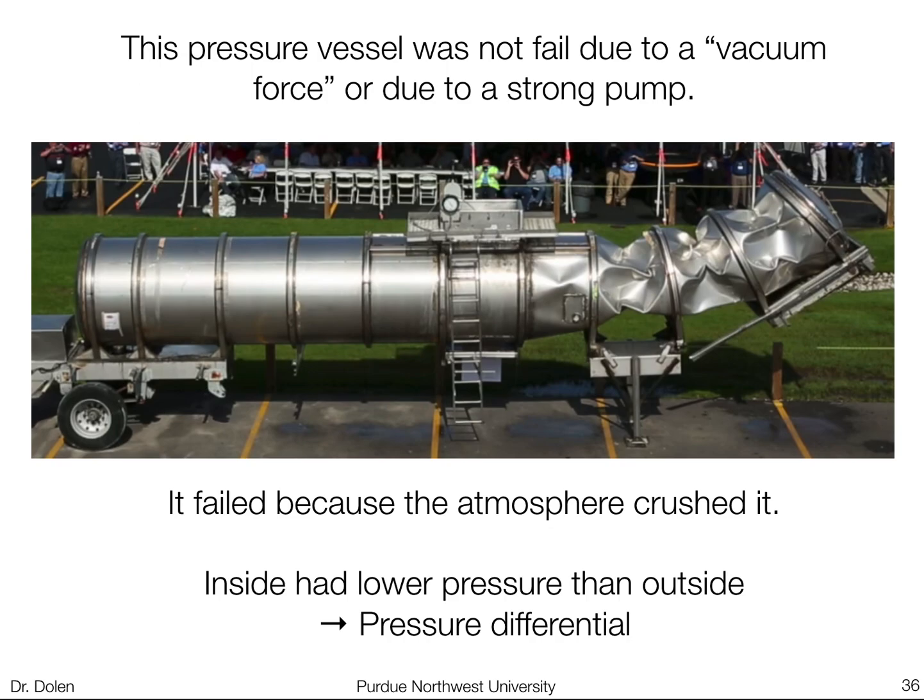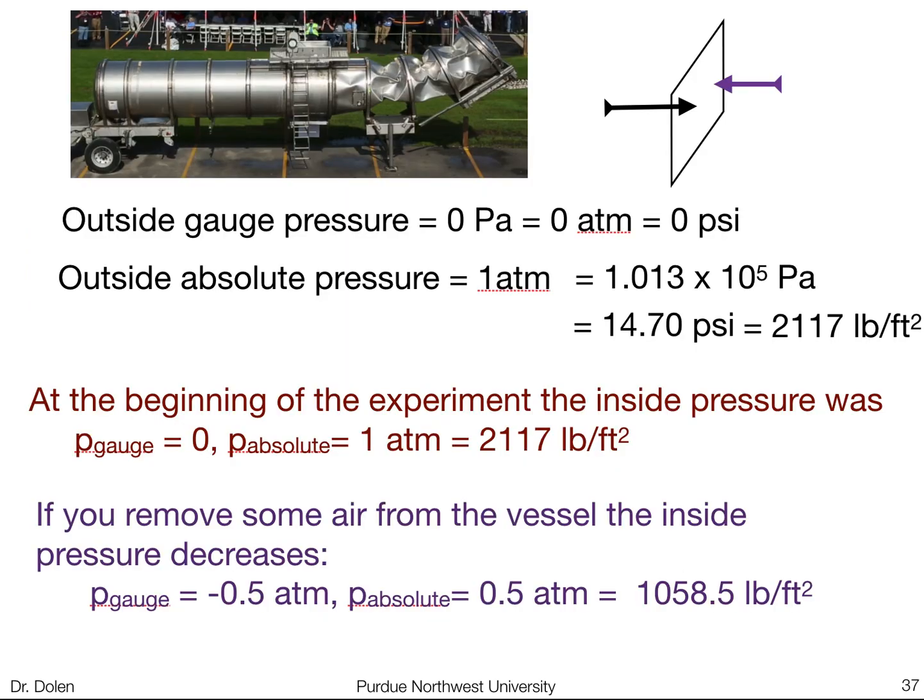If you have a pressure differential, that's an enormous amount of force, right? Pressure is force per area. So if you have a bigger pressure on one side of a wall than another side, then there's going to be a bigger force on one side of the wall than the other. If you have a net force, that can cause things to move, right? So we can actually go through an example with this pressure vessel.